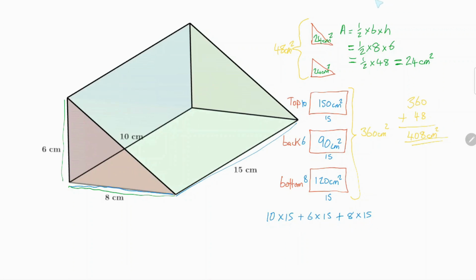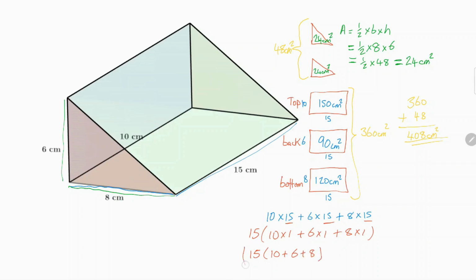Which number is common? Yes, and that's correct. It's 15 is common. So what I'm going to do is I'm going to take 15 out and put the rest in brackets. So 10 times 1 plus 6 times 1 plus 8 times 1. 10 times 1 is just 10, 6 times 1 is just 6, 8 times 1 is just 8. So we end up with our final calculation of 15, open brackets, 10 plus 6 plus 8.